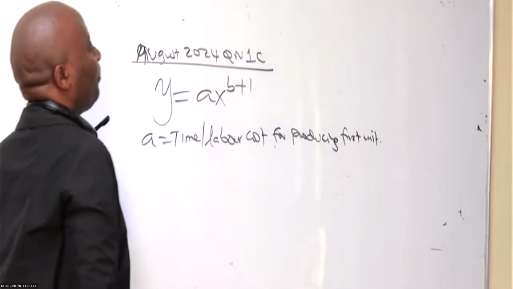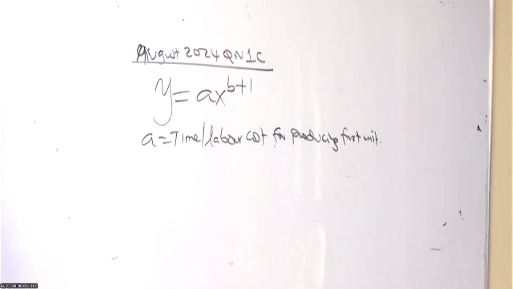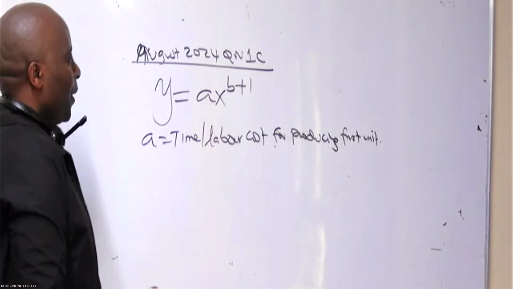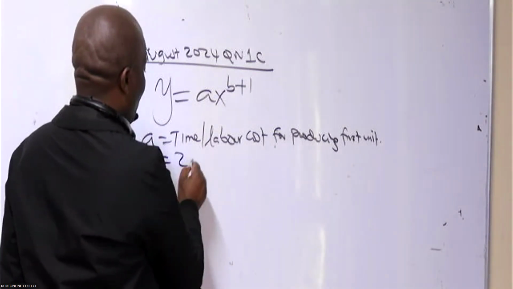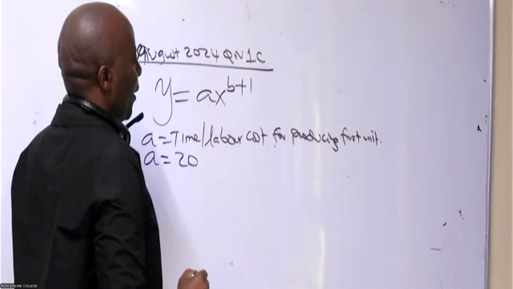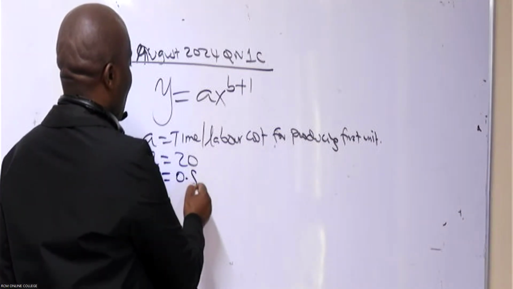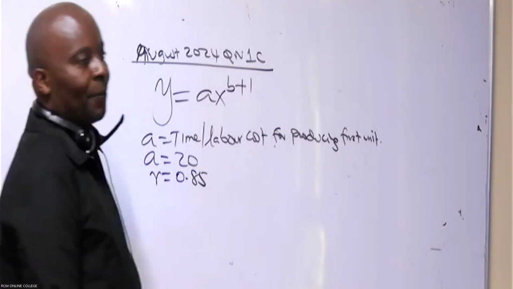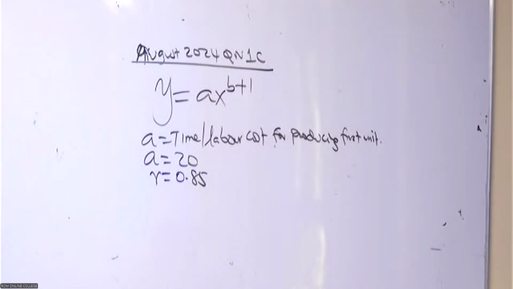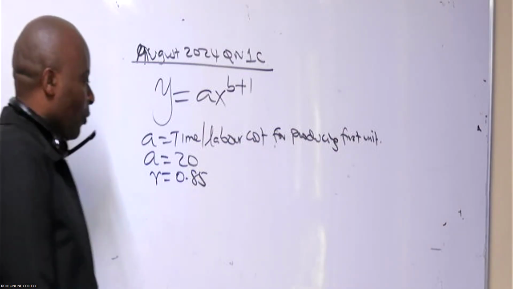Which in this case, they've given us as what here, somebody? 20. R, they've told us R is 85%, the learning rate. And we know the formula for getting B.